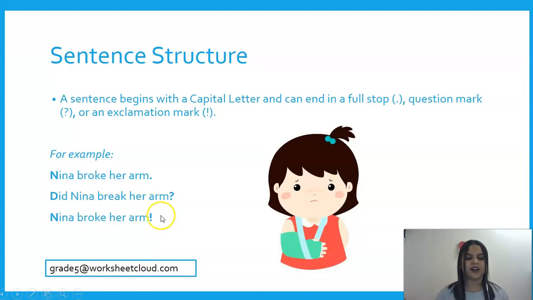As you can see over here, my sentence is now ending with an exclamation mark. So that's telling me that the tone of my sentence is changing. I can now say, "Nina broke her arm!" because I can tell that the emotion in the sentence is there with the exclamation mark at the end.